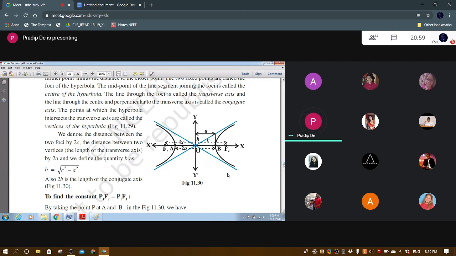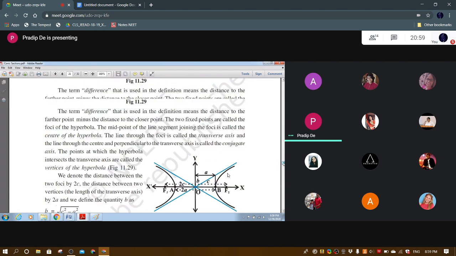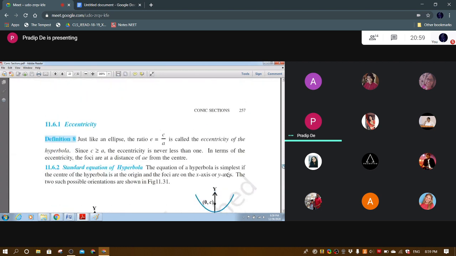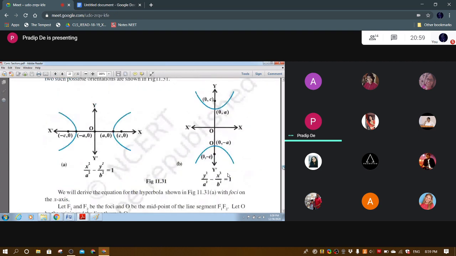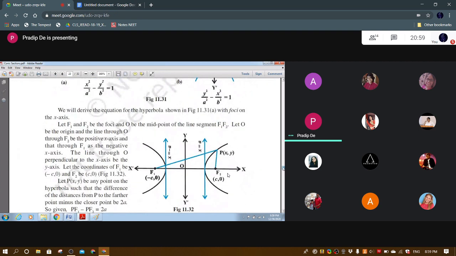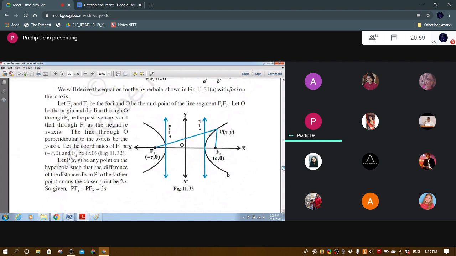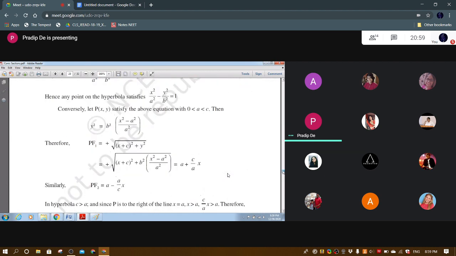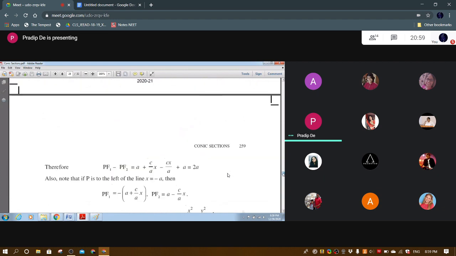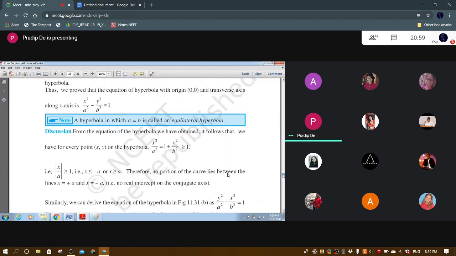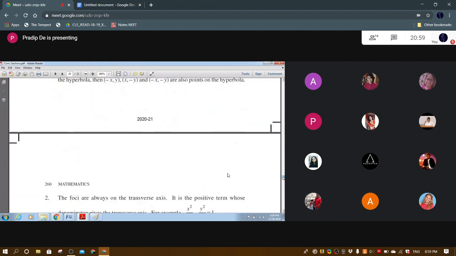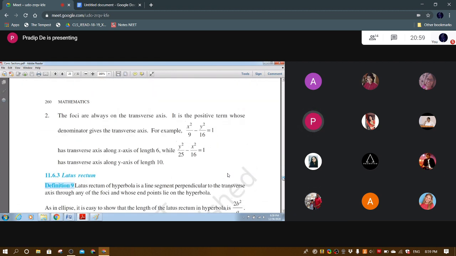I'll show you the diagram. Not here. Yes. So, what is the equation? Let me show the conjugate axis.